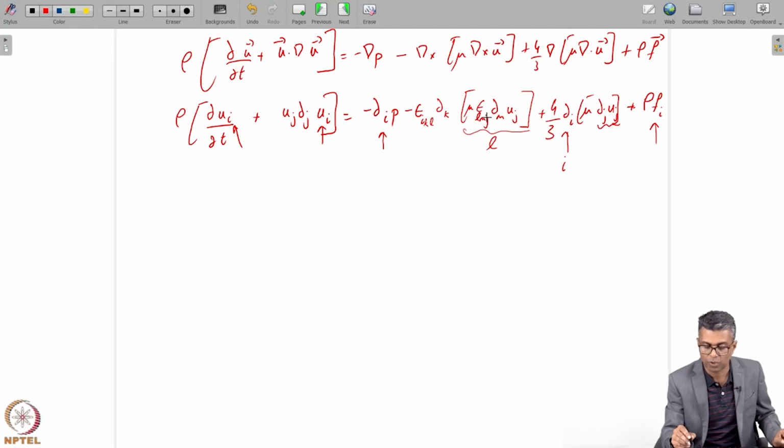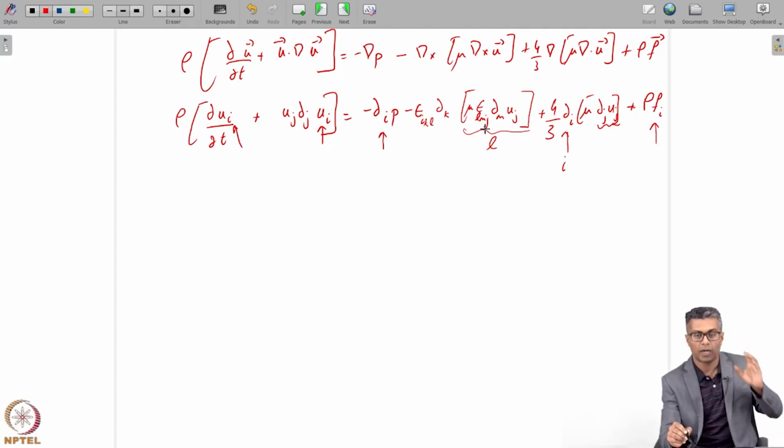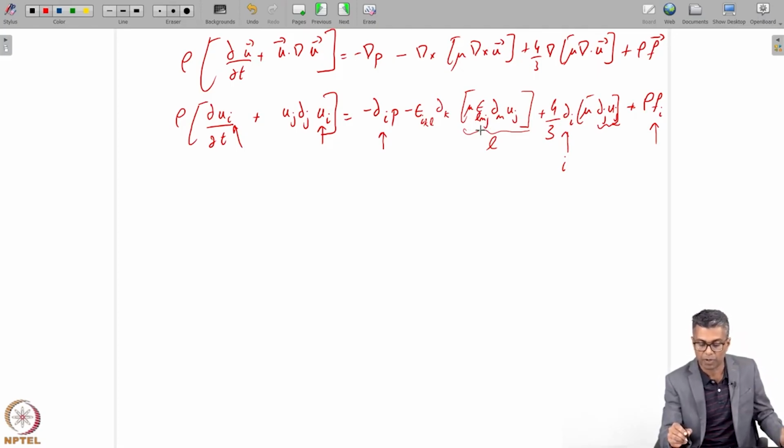So I'll have mu epsilon lmj. Epsilon is this alternating tensor right there, right? So it's a permutation tensor. So epsilon lmj and del m uj.